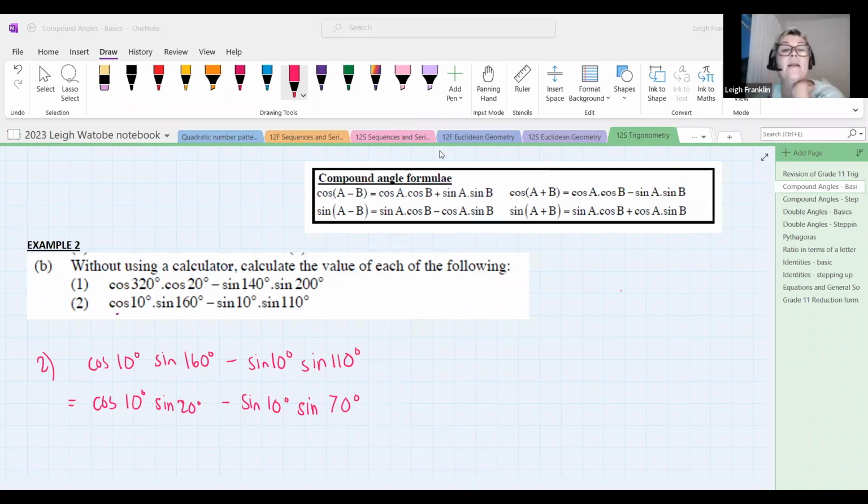Sine 140. Sine 140 is part of the previous question. Sorry, I've muted everyone. Please keep muted because it looks like it's feeding out the noise.